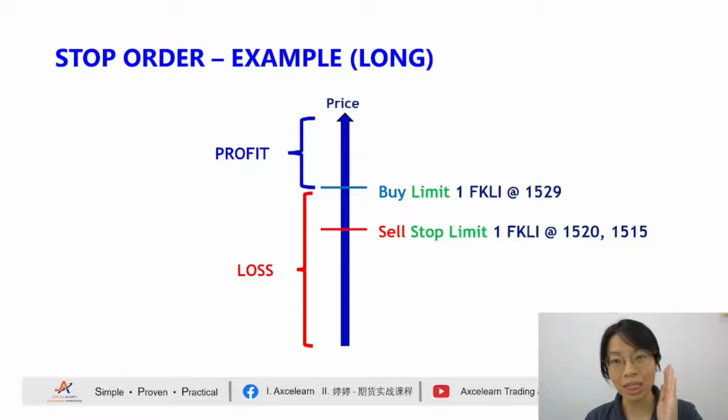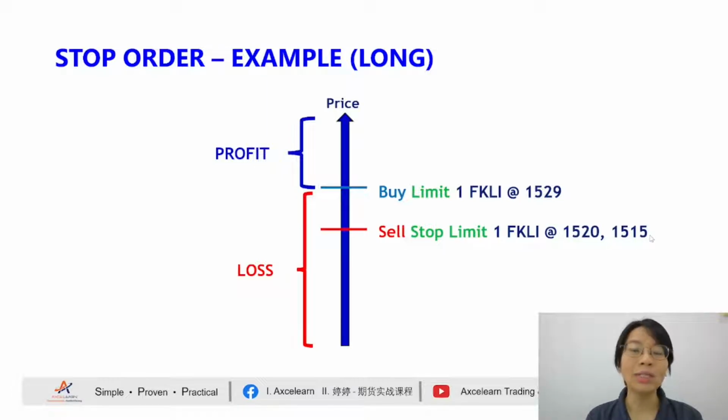It will be sent into the market and give me the next best available price. It might be 1520, it might be 1519.5, it might be 1519. But although it will give me the next best available price, this price will be limited to between 1520 and 1515 only.